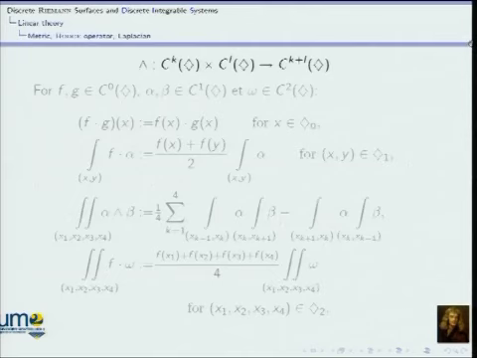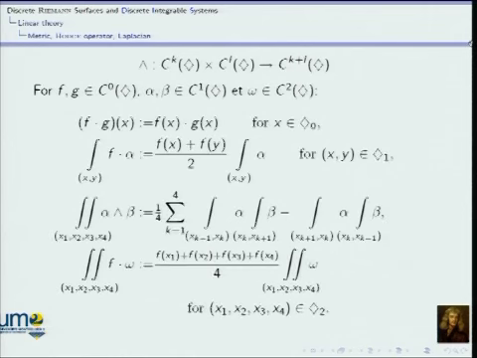And what's good about that is that you can define a wedge product between K and L forms to K plus L forms. I'm not going to go into the details of the definition of it.